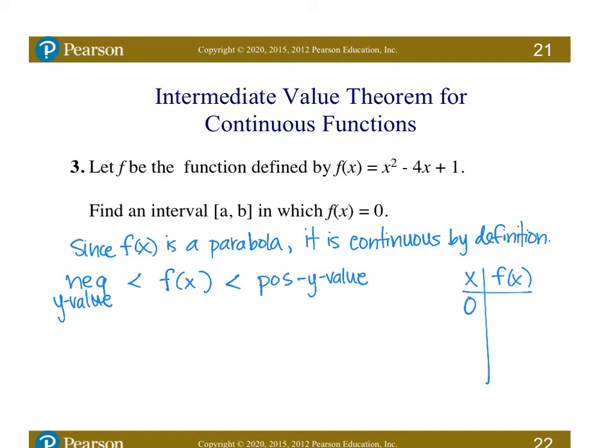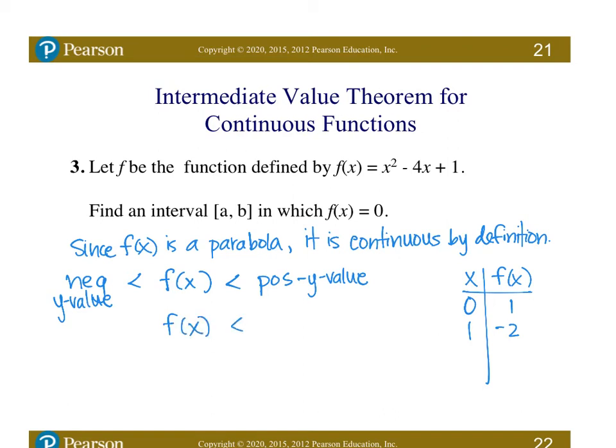If I plug 0 into the equation, 0 squared minus 0, I get 1. If I plug 1 into the equation, I have 1 squared minus 4, which is negative 3, plus 1, I get negative 2. I've got my positive and my negative number in the y value terms.